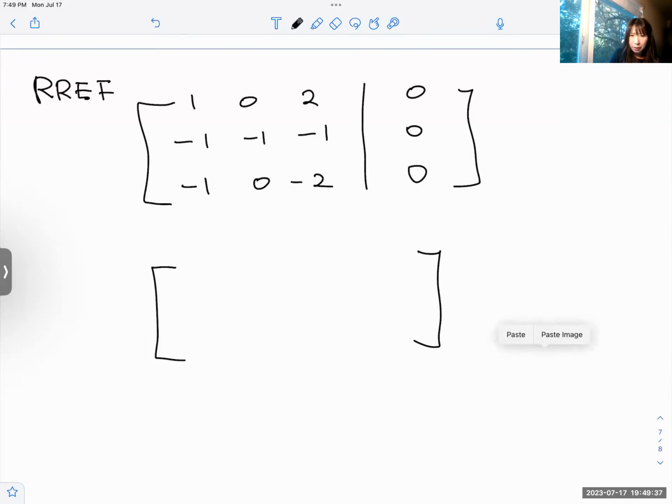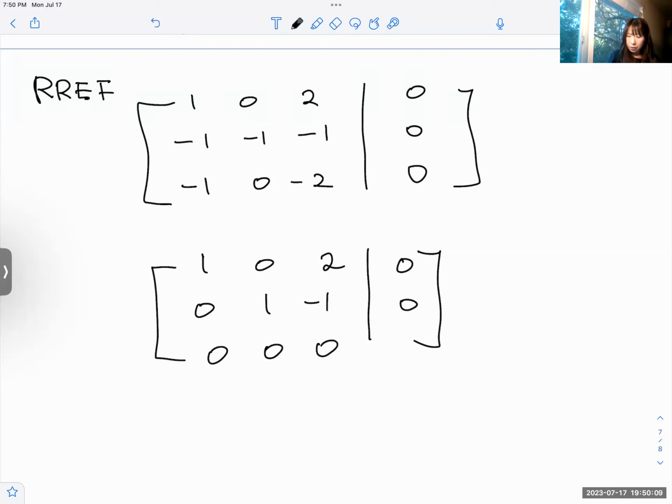The TA gives us the RREF, very nice, so we can use that. Let me see the chat. Oh, it's complete: 1 0 2, 0 0 1 negative 1, 0 0 0 0 0.